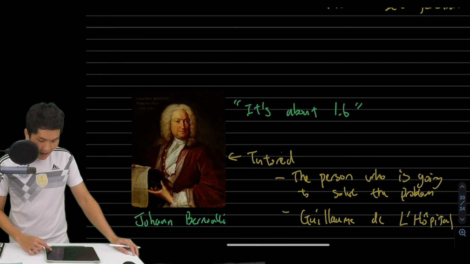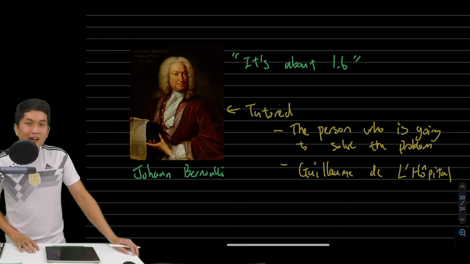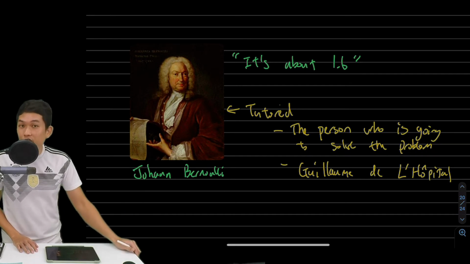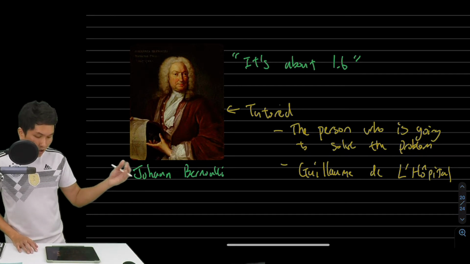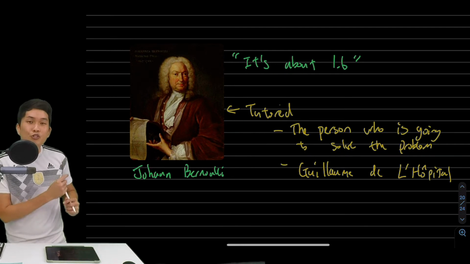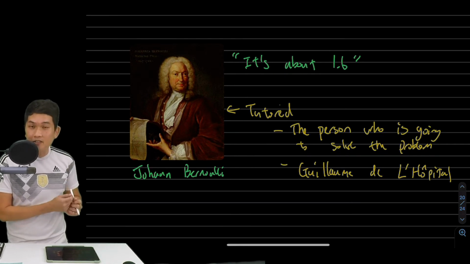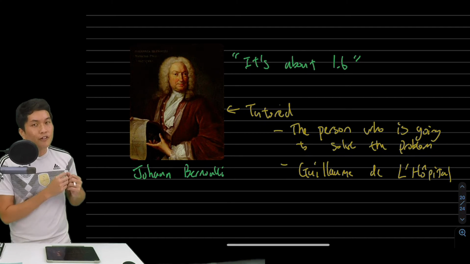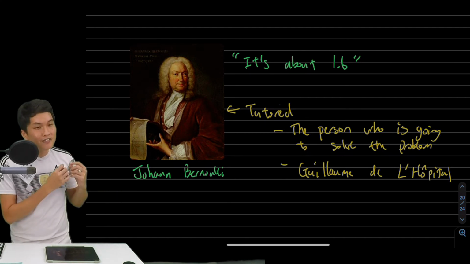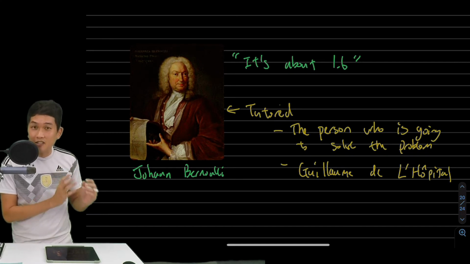Now next, we have Jacob's brother, Johann. Johann Bernoulli says that it's about 1.6. He is well known to be the tutor of the person who is going to eventually solve this, and also the tutor of L'Hopital. So who is L'Hopital? If you're trying to work out limits of a certain expression, you tried simple substitution, you tried partial fractions, you tried a lot of things, but it just doesn't work.